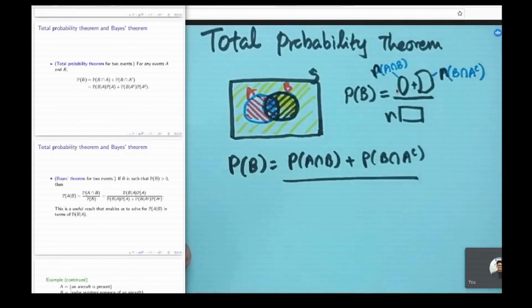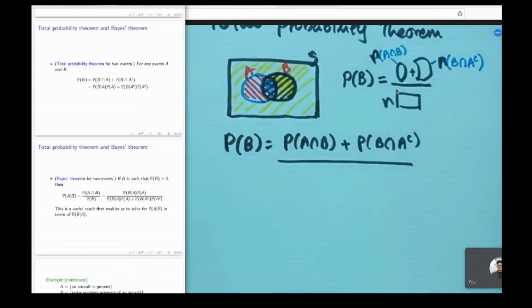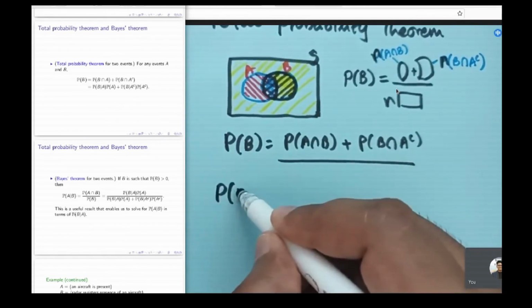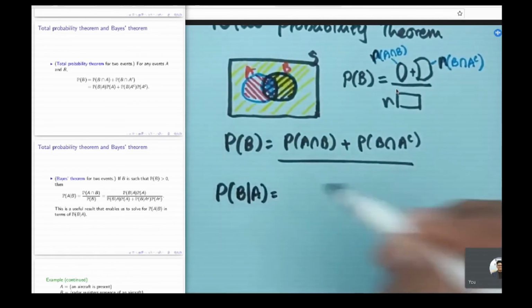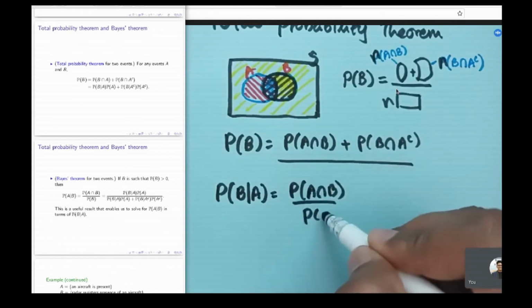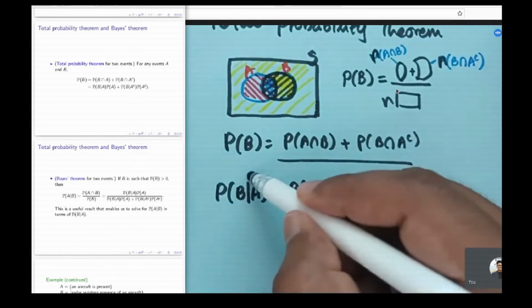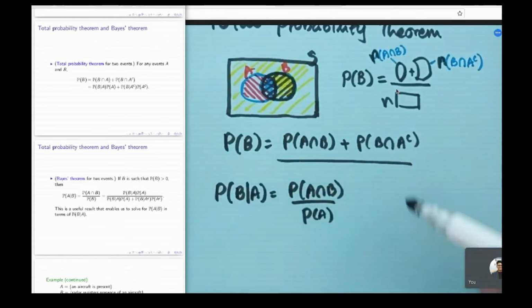Now, if you look at the probability of B given A, that is equal to the probability of A intersection B divided by the probability of A. So you can take this part and replace it with these two, and the same thing can be applied to the other one as well.